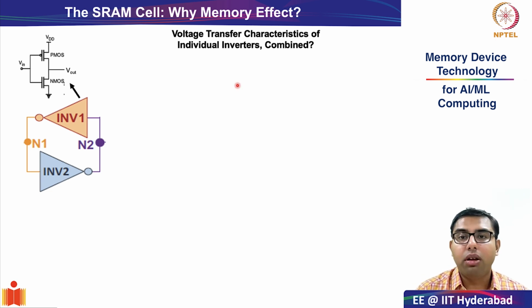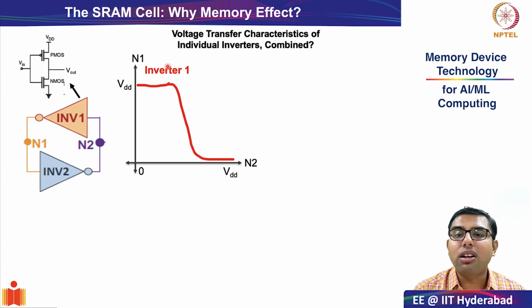To do that, we will look at the VTC characteristics of these two individual inverters and then combine them. VTC stands for voltage transfer characteristics. It is the terminology that we use to indicate how the output of the inverter changes with the input.